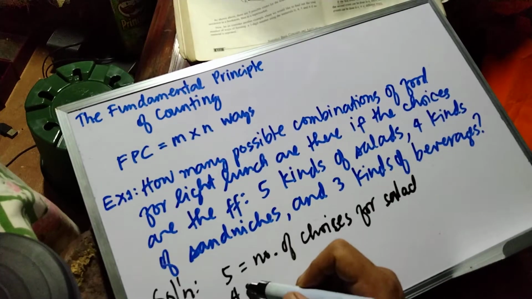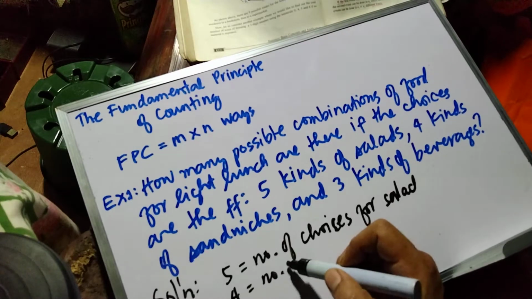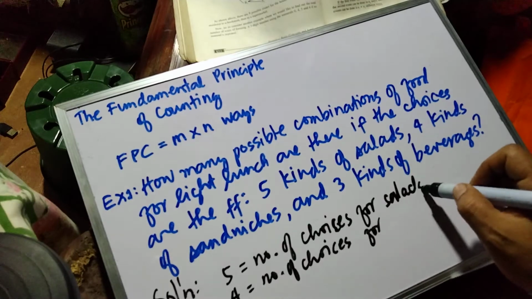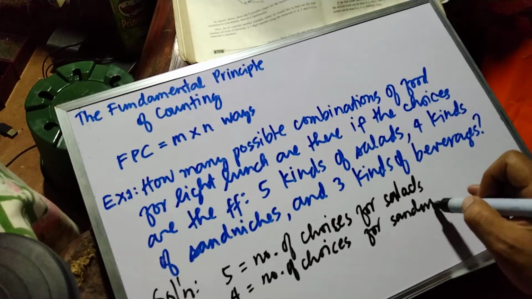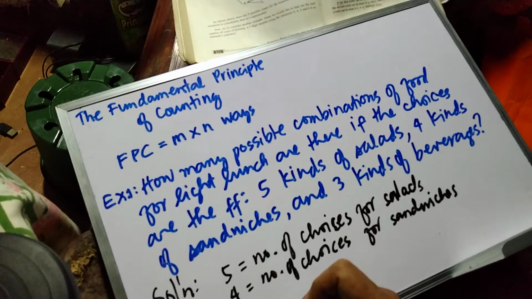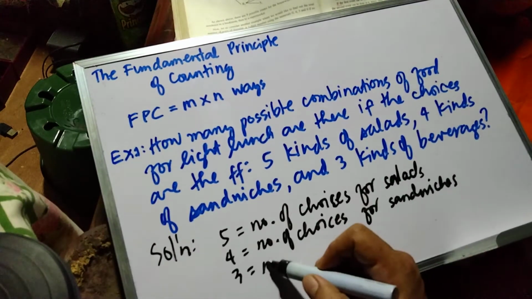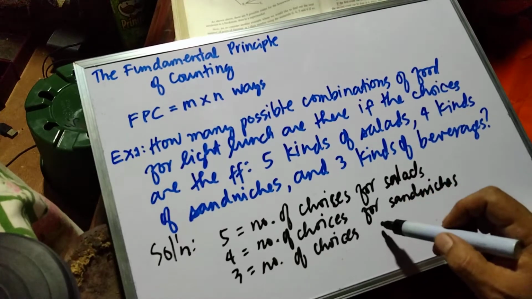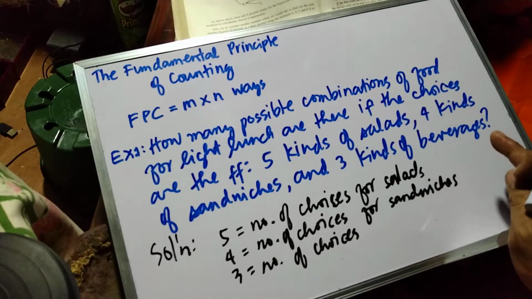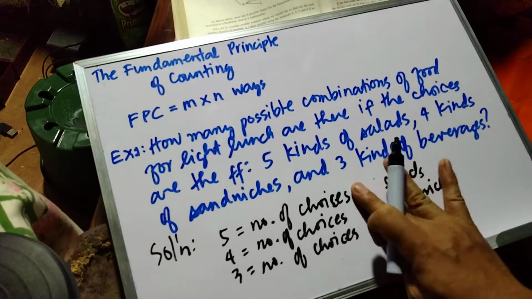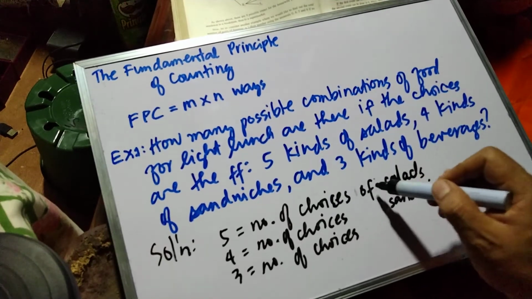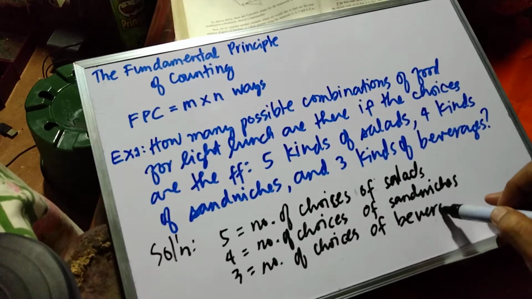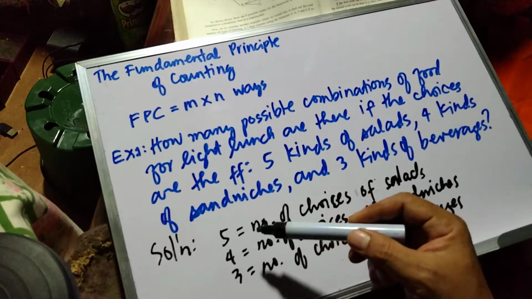Then we have 4 be the number of choices for sandwiches. And we have 3 be equal to the number of choices for beverages. Okay, we knew that these are the choices.